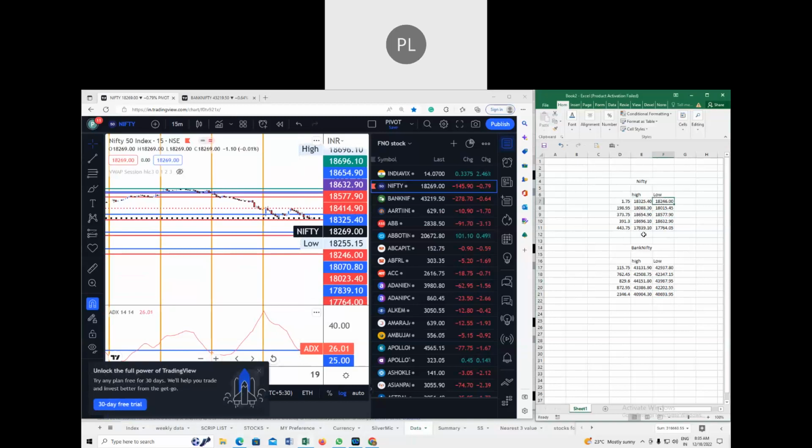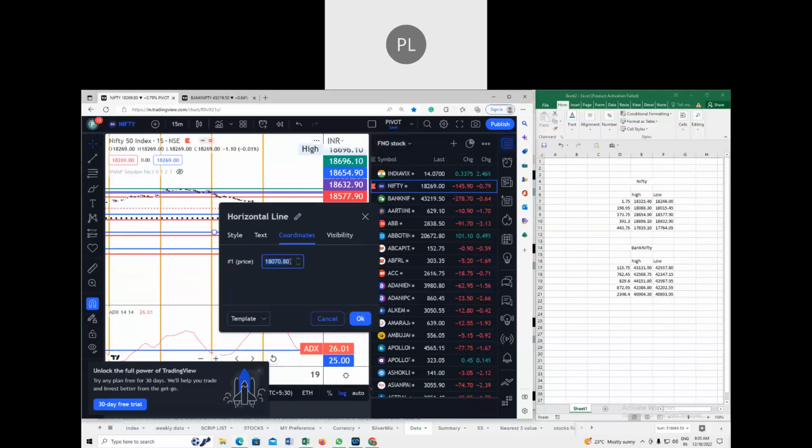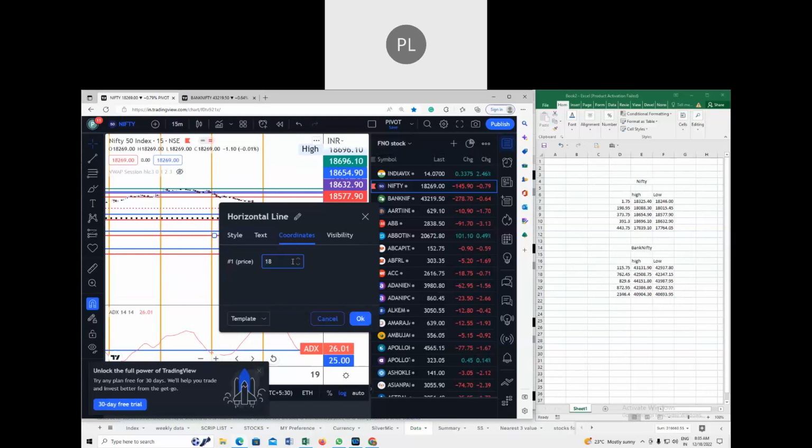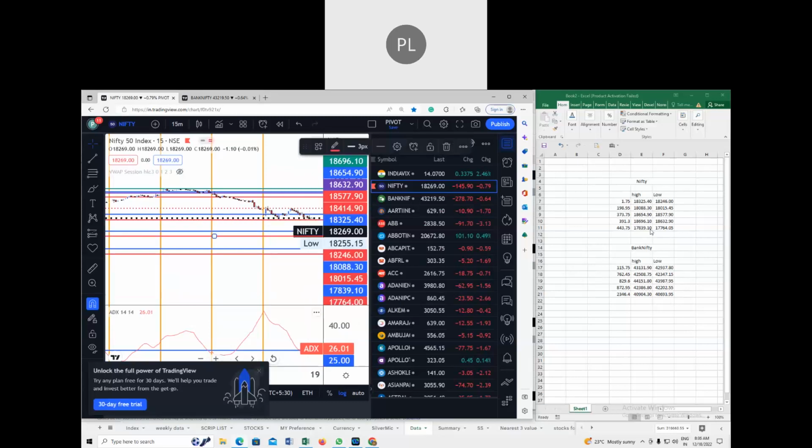Then we have 18088.30, and the other one, the next level, is 18015.45, and the fourth line is 17839 and 17764. So we have marked all the five candles in the chart.